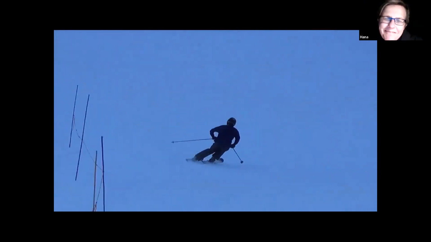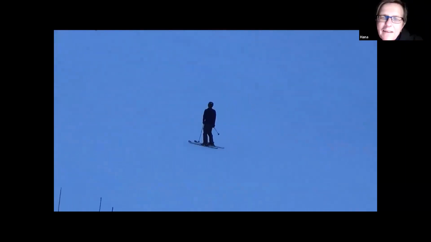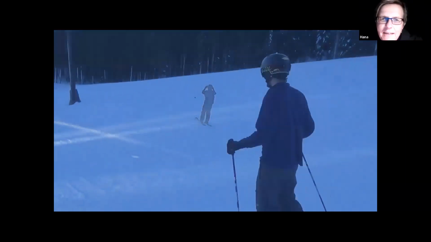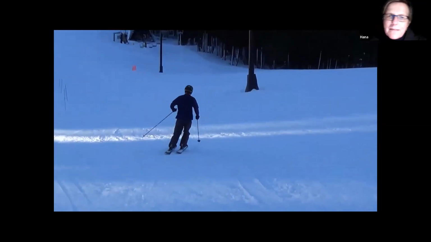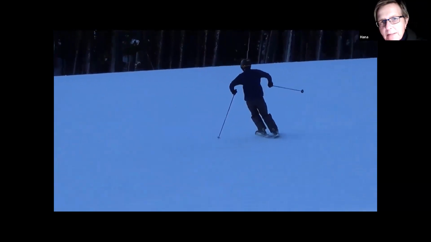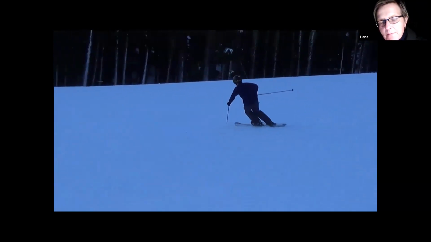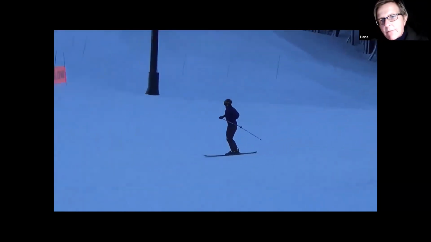Cool. Any ideas what you would do with this person? Not putting you on the spot or anything. I would start with a stationary exercise to have the person stand against the pitch of the hill and practice the pressure to pressure of the outside ski and the inside ski to correlate with the edges.